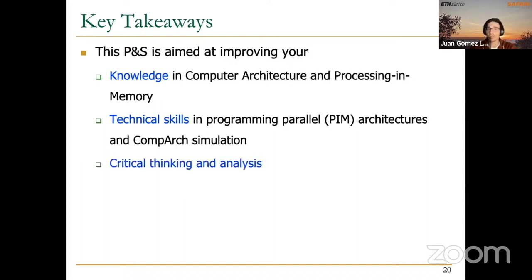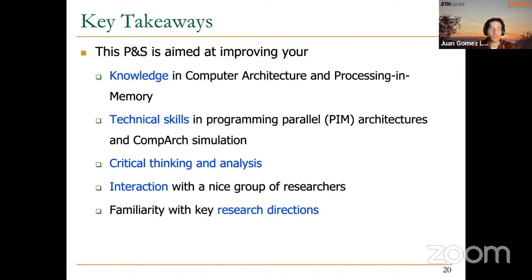You will improve your critical thinking and analysis, essentially because you are going to be doing research with us, and you will have the opportunity to get familiar not only with the specific topic that you work on or the specific research that you do, but also you will get exposed to other research directions from our group.